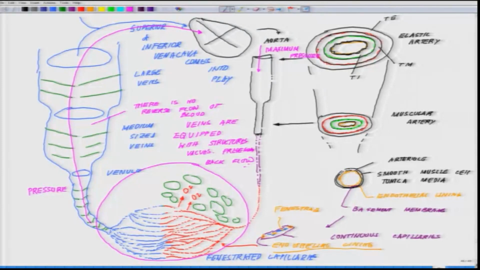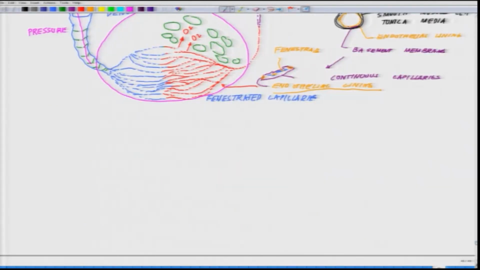Okay. So, this is the overall architectural difference or changes that you will be observing, and I will take a little bit of a detour to give a little more detail about this fenestrated structure. These fenestrated structures are something like this. If you see the architecture very clearly at this level where the fenestrations are, the vessel architecture is more like this. We have talked about the endothelial cells.